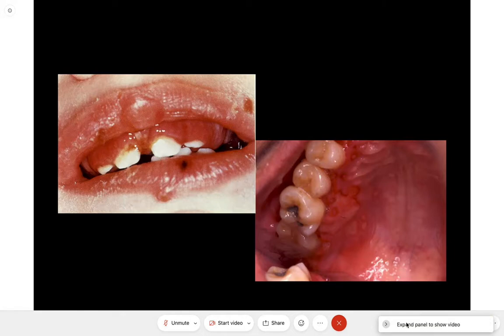What type of lesion is this? Can anyone tell me? What type of lesion is it?